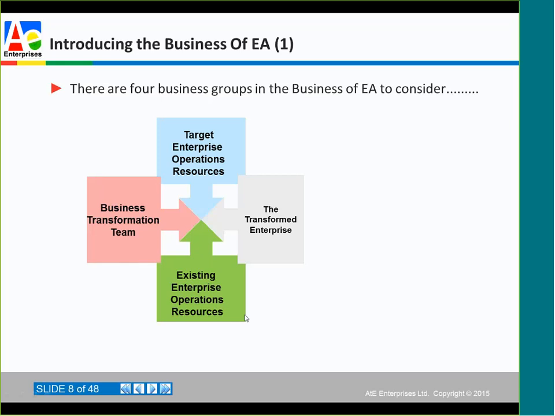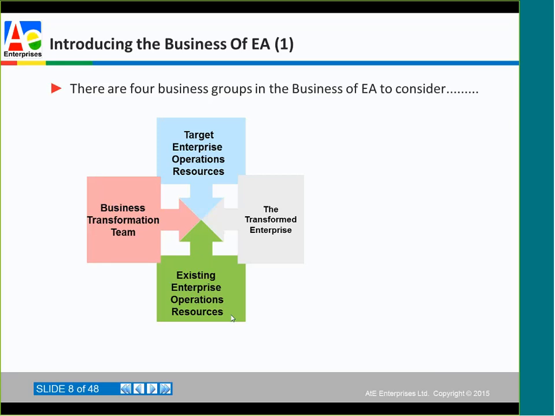And we are going to be moving those operations resources over time as we develop the architecture to be the target enterprise operations resources. Each of those will contribute to what we call the transformed enterprise, right? And that will be the structure of the people utilising the new enterprise architecture.